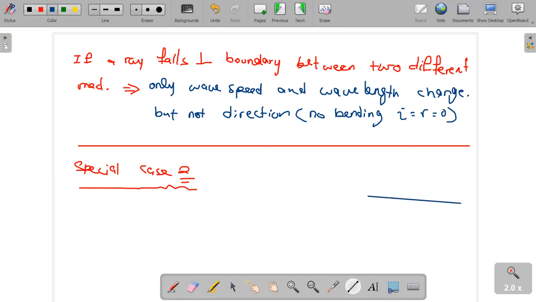To understand special case 2, let's imagine the following. Now we have, in the case of light, of course light for ourselves, although it also happens in sound.